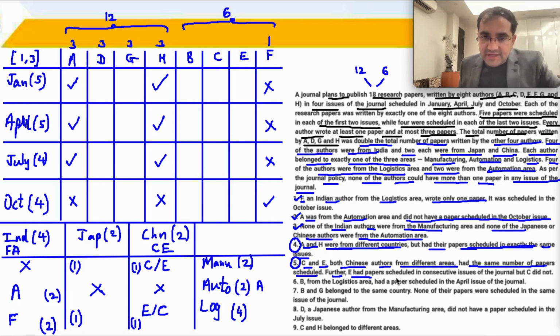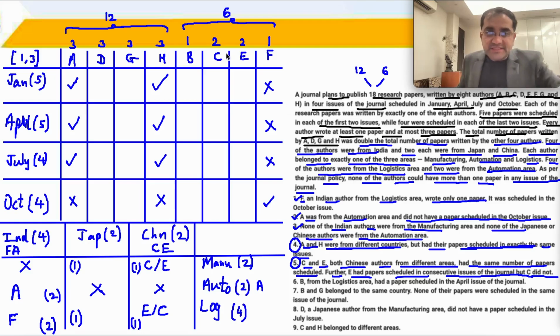Further, E had papers scheduled in consecutive issues, but C did not. E having papers in consecutive issues means more than one paper. It cannot be one, and it cannot be three because 3 plus 3 is 6, plus 1 is 7. So therefore 2 comes here, and 2 plus 4 is 5, and B will be 6.